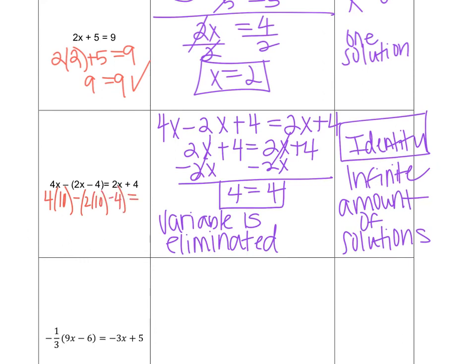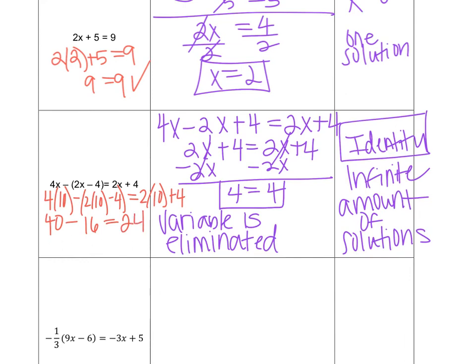We're going to see if it equals 2 times 10 plus 4. Okay, so I would have 40 minus 2 times 10 is 20, and 20 minus 4 is 16, equals, on the other side I've got 2 times 10, which is 20, plus 4, so that'd be 24.